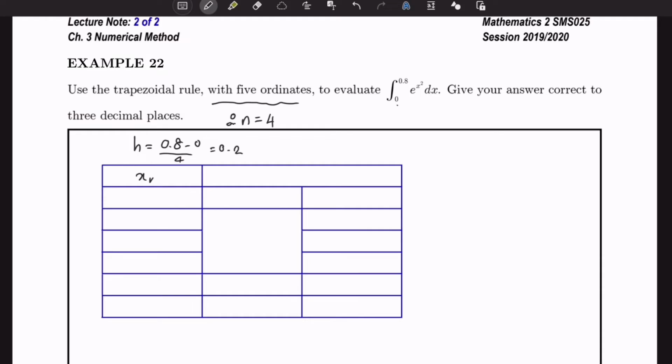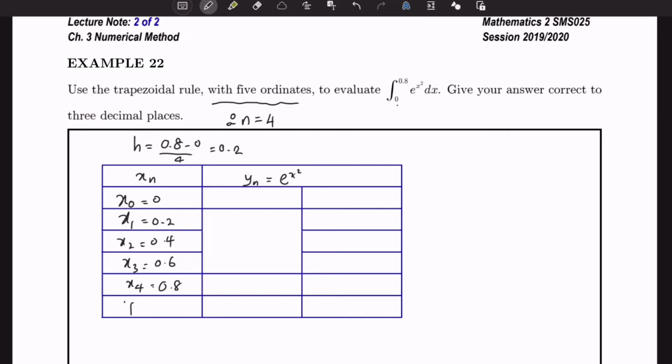So this is your x_n. This is your y_n, which is the function itself, e to the power x squared. We start off with x0 is 0, x1 is 0.2, x2 is 0.4, x3 is 0.6, and x4 is 0.8.